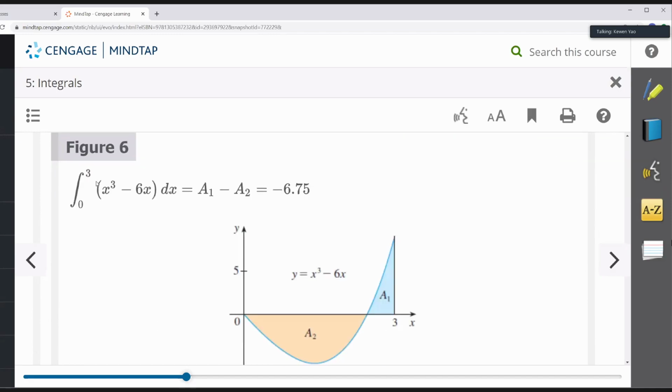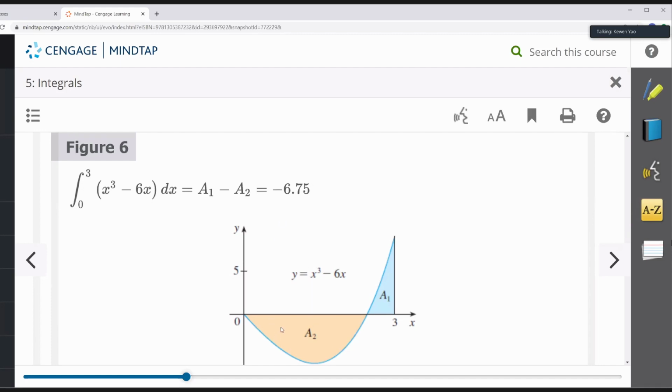Now look at the picture here. 0 points from 0 to 3. X cubed minus 6x is the net area, not the total area, but the net area. This is positive area, this is negative. So the net area will be negative 6.75. The total area is what you get when you add the positives and positives, so it will be positive. But this is called the net area.